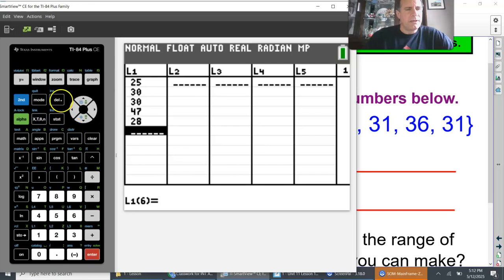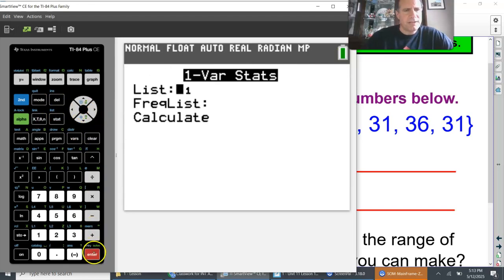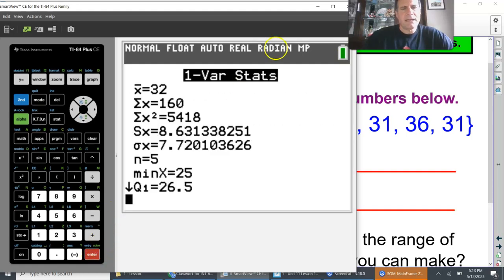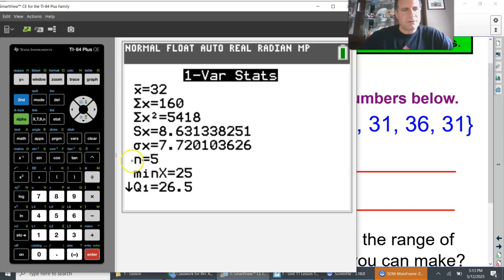And now we are going to press stat and then go over to calc, leave it on 1-var stats, press enter 3 times. And there are our numbers. So we have range and mean. So the mean is 32.